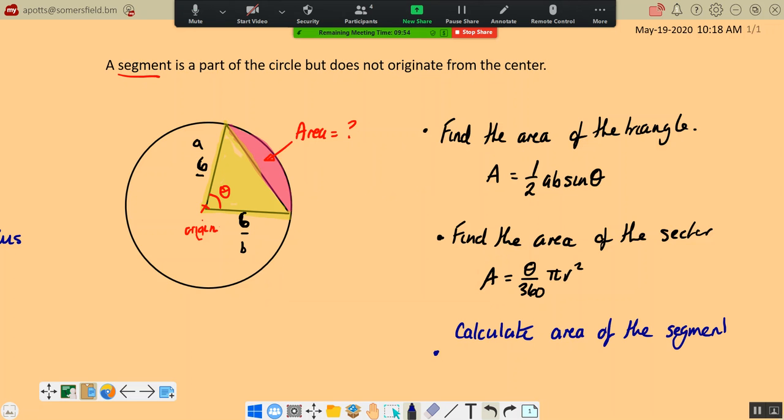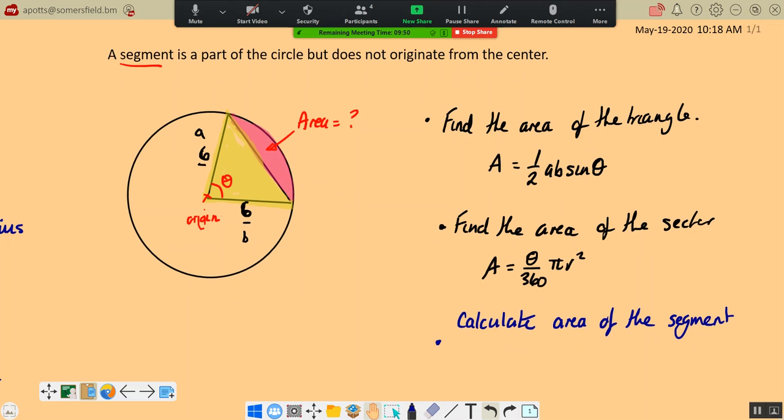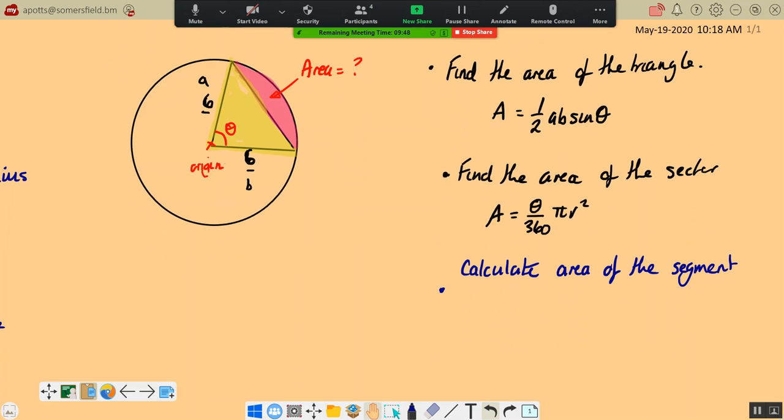No ideas? No? Well, if I go through the process, look: if that's a sector, I work out the area of the sector, and then I cut out the triangle. Here's the triangle.